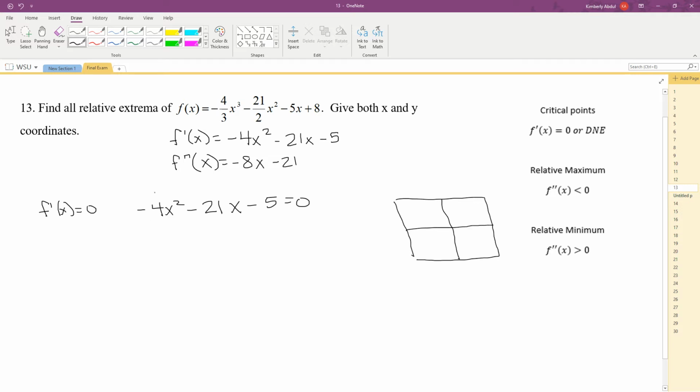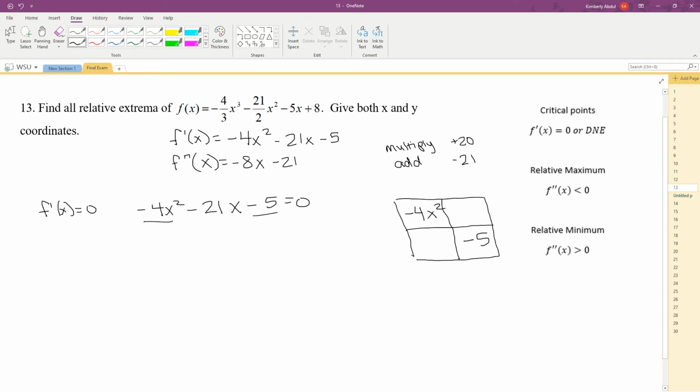So these terms right here would go here, negative 4x squared and negative 5 would go here. And there's a quick way that you could figure out what the numbers would go here. If you multiply the first term times the last term, so negative 4 times negative 5, we're going to look for numbers that multiply to equal positive 20, and then add to equal negative 21.